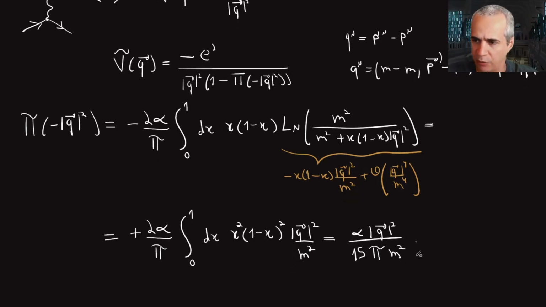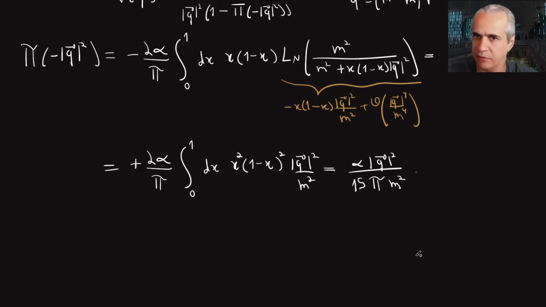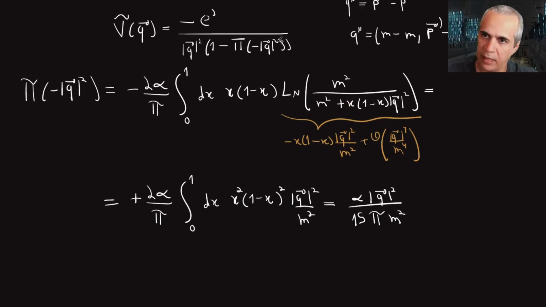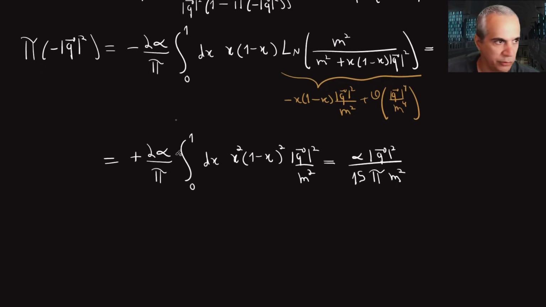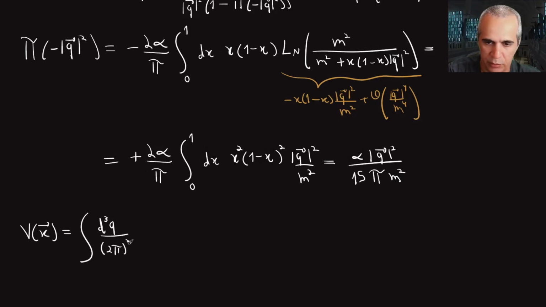Now to know how the potential behaves, right? I have to plug this in here, right? And take the Fourier transform to position space. So let me write V of x as the integral d3q over 2 pi to the cube, exponential of i q x, of V tilde of q, right?